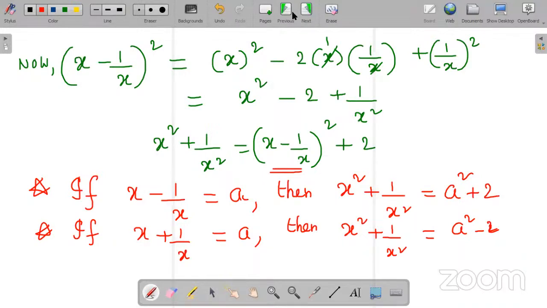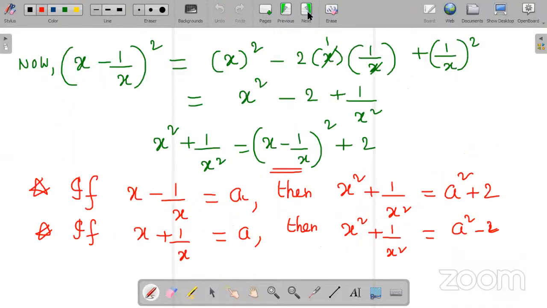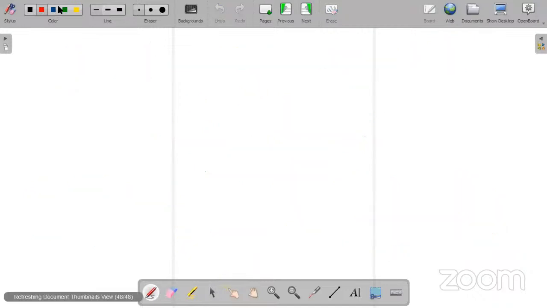So now let us move to another problem. Fourth problem.